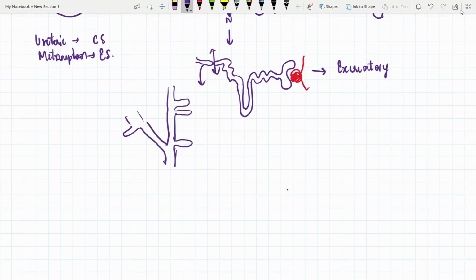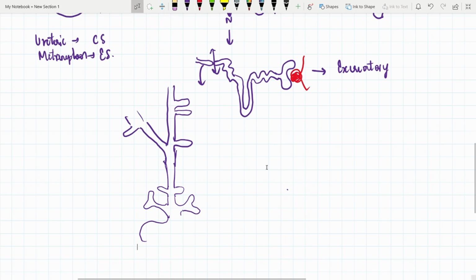Many collecting ducts fuse to form minor calyces, and minor calyces, this is minor calyces. They again fuse. These are minor calyces, right? Many minor calyces fuse to form a major calyces, right?